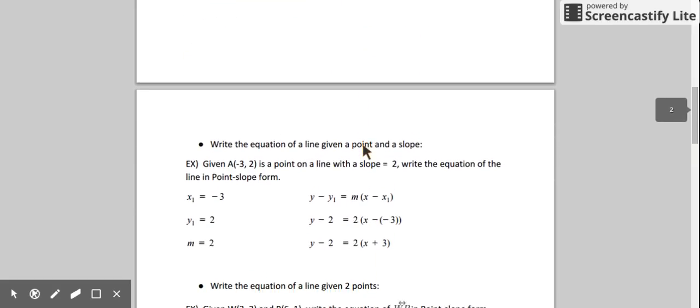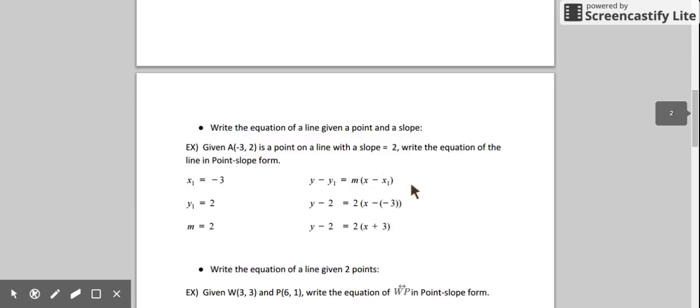So first, let's be able to write the equation of a line given a point and a slope, just substituting the most basic information into the equation. If I'm given point A at the coordinate negative 3, 2, and I'm given the slope of the line at which the point lays on, the slope is going to be 2, I can write the equation of the line in point-slope form.